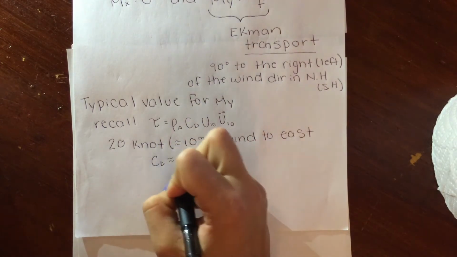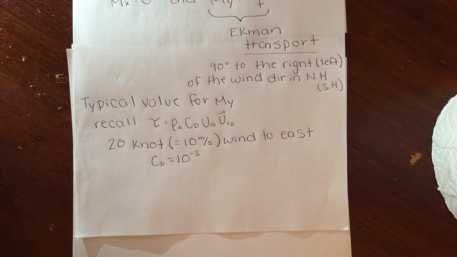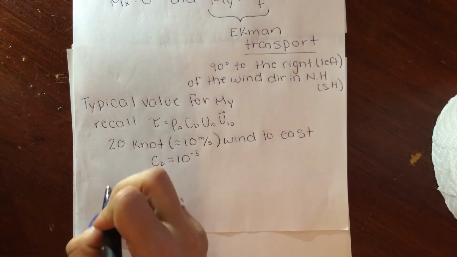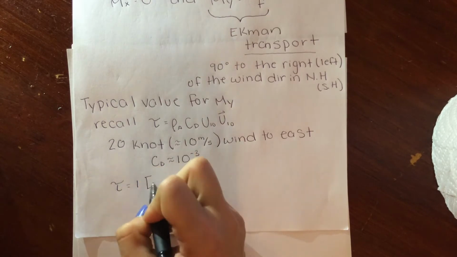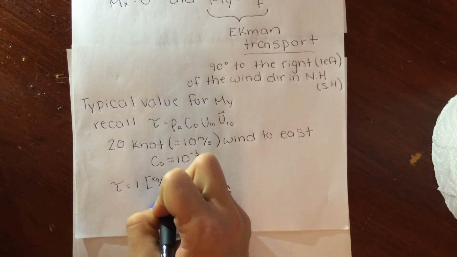Our drag coefficient can be estimated to around 10 to the negative 3, and we can plug the numbers in and get an approximate wind stress of about 10 to the negative 1 kilograms per meter second squared.